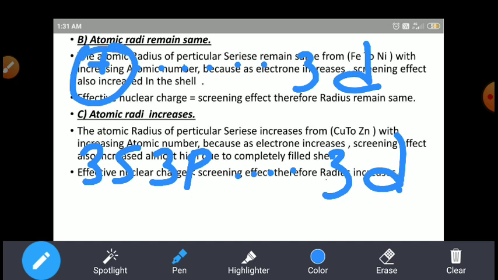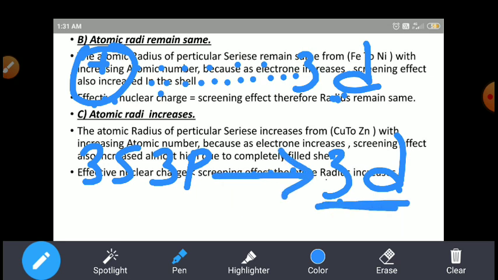This is the nucleus, students. Whatever amount of attraction is experienced by the 3d orbitals, the same amount of repulsion is experienced by the 3d orbital from 3s and 3p.